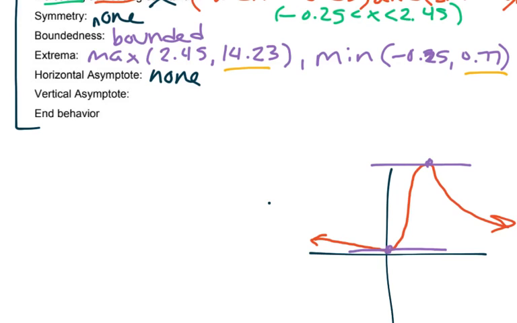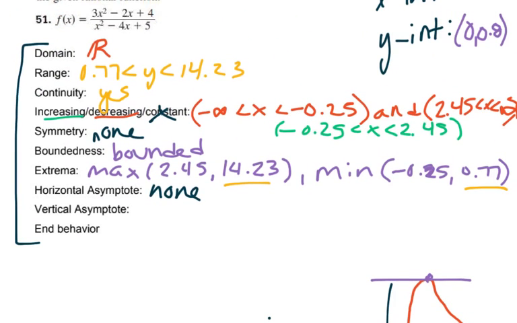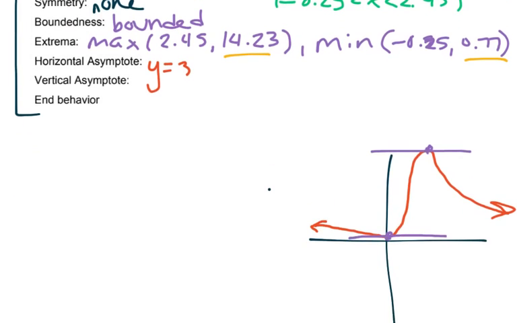Although it does kind of look like it might have a y equals, oh it is. The horizontal asymptote, because they are the same power, is going to be y equals the leading coefficient, which is 3, over 1. And so our horizontal asymptote is actually at 3. These two graphs approach this value here of y equals 3.